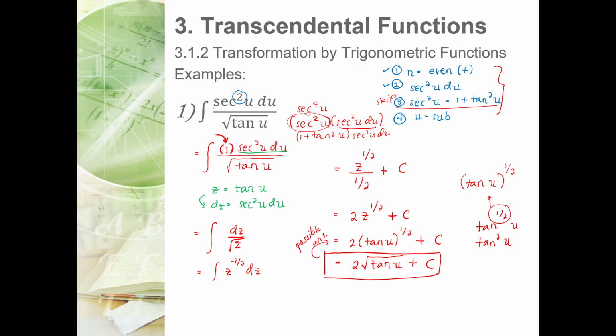So you can adjust the steps. You don't totally go away from the process, but just skip some steps because they don't apply anymore in the process of integration. Okay, so questions for this example.